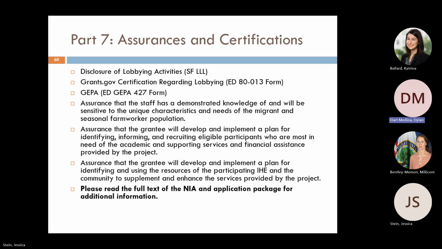The assurances and certifications required for this application are the disclosure of lobbying activities, the grants.gov certification regarding lobbying, and the GEPA form, as well as the assurances that we've already discussed on previous slides. Please be sure to read the full text of the NIA in the application package for additional information.